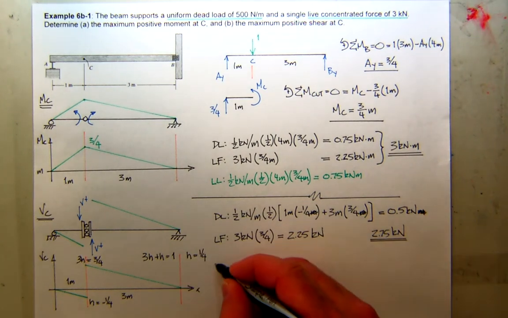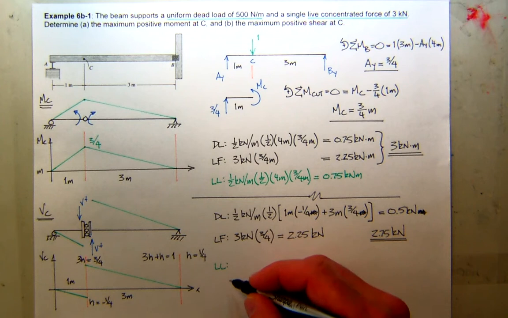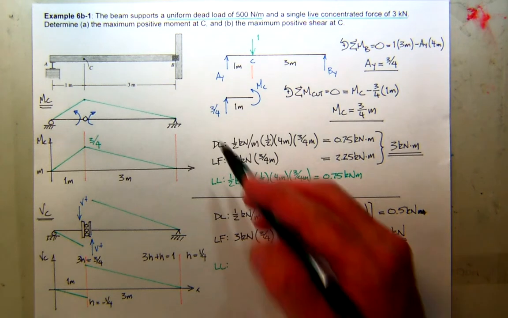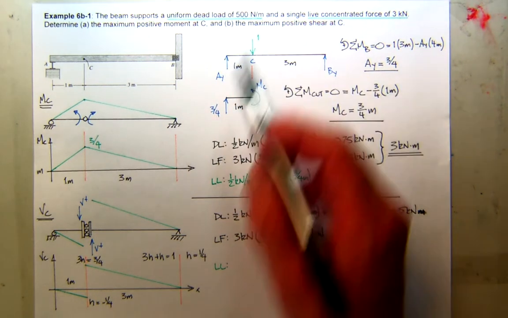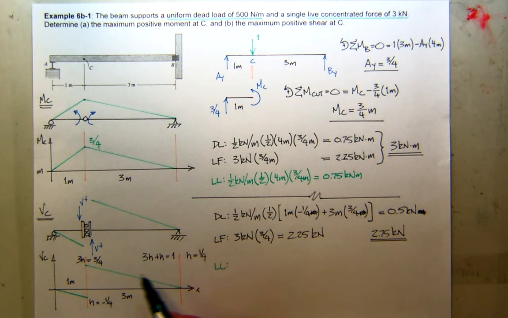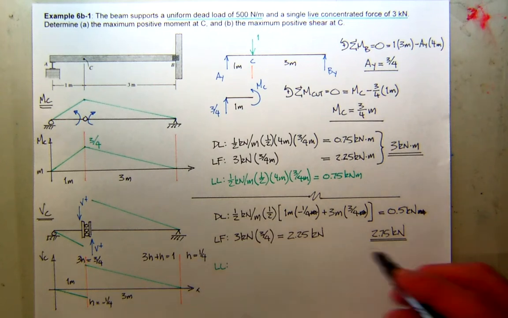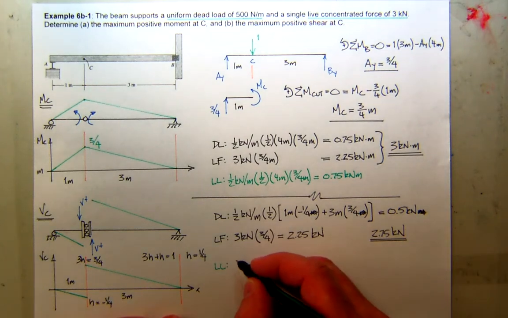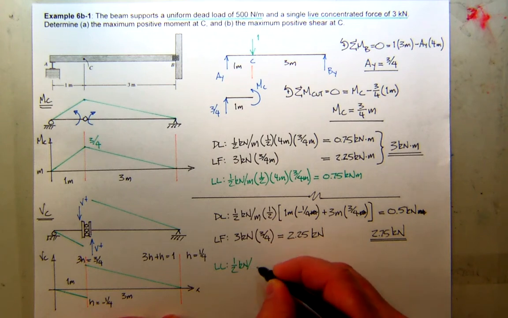Now, if I did have a live distributed load, and I'm trying to find the maximum positive value, where would I put that live load? Would I run it across the whole structure? No, I'd only run it over the positive area, which would be from C to B. So in that case, I would have the live load, which is a half or 0.5 kilonewton per meter, and it's still a triangle.